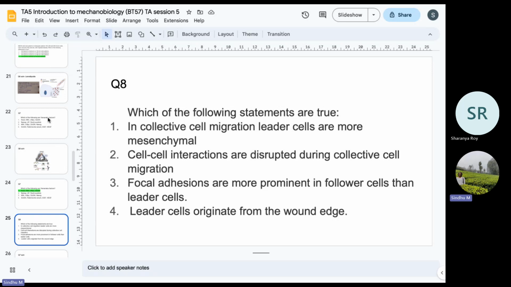The cells behind the leader cells which are getting pulled will follow the path of the leader cell, so they are called follower cells. One of the main characteristics of the leader cell is that it will exert a high traction force and high cell force to pull the cells behind them. For exerting forces, the cells will use the focal adhesions, right? So the leader cells will always have better or more prominent focal adhesions than follower cells. So option C is correct.